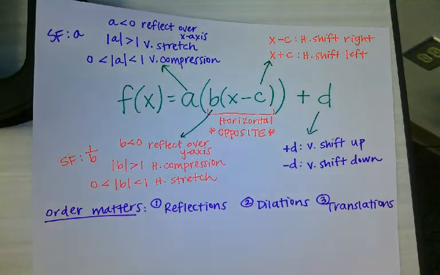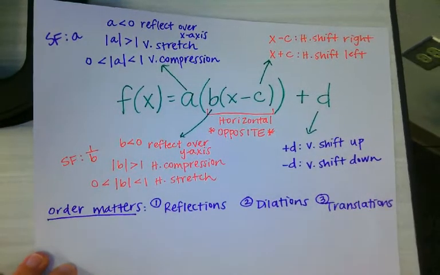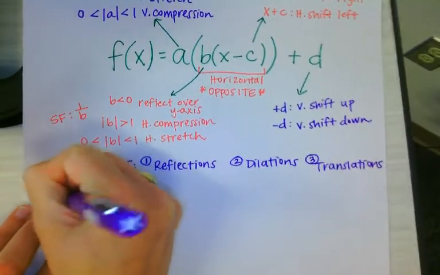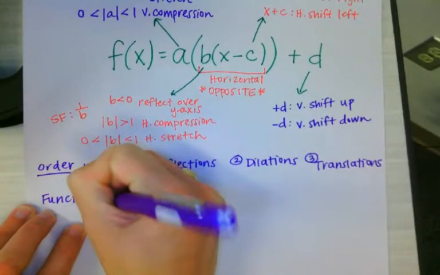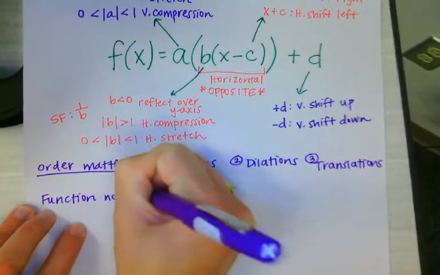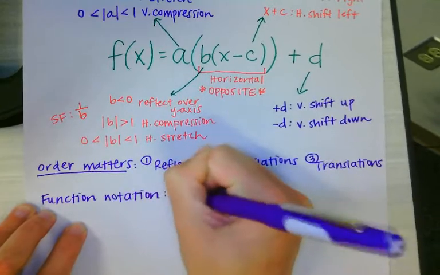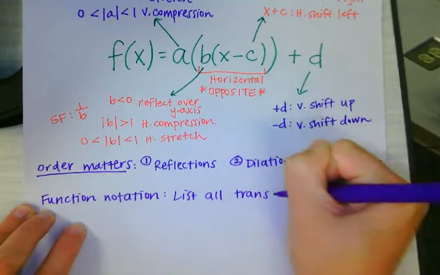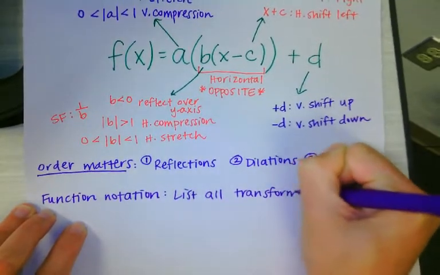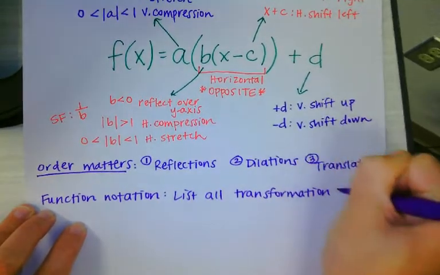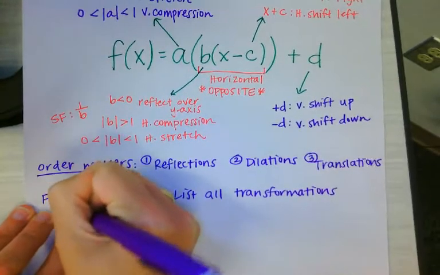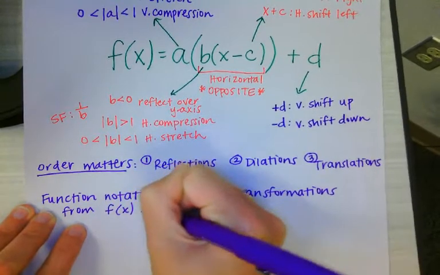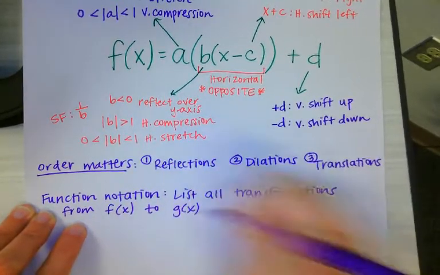Okay, so how is this going to look? Well, let's do some examples. So the first ones I want to do are actually going to be in function notation. And I want you to list all transformations from f of x to g of x.